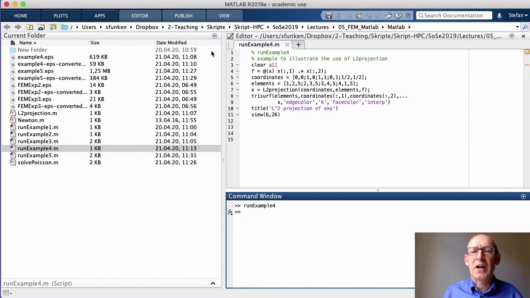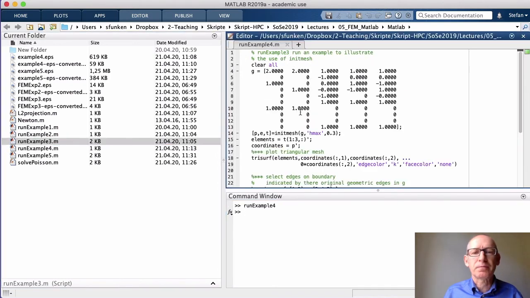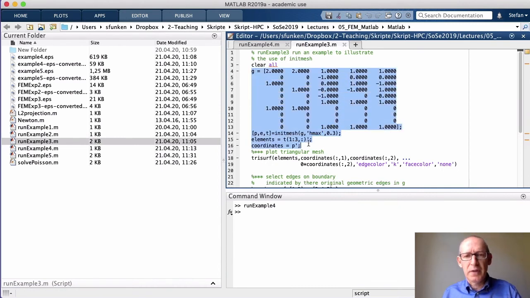Before we start writing a mesh refinement procedure, we'll use the mesh generator as shown in examples 1 up to 3 and also in the slides. Therefore, we'll copy the commands, so the geometry and the elements and coordinates.